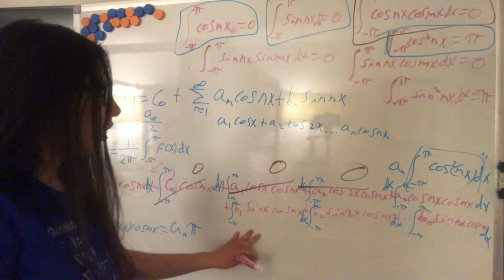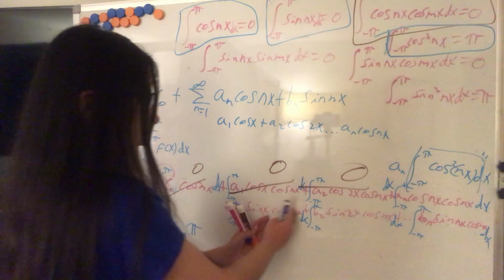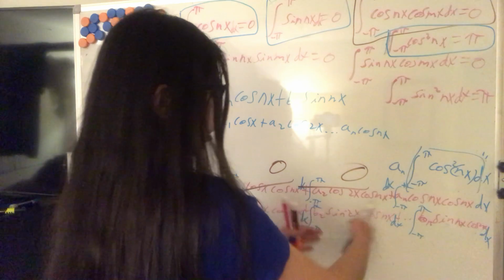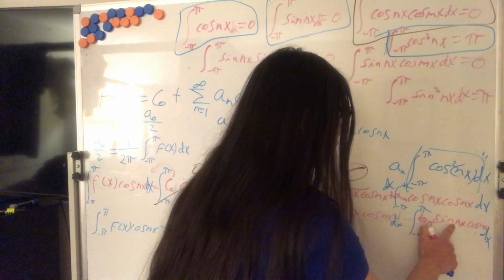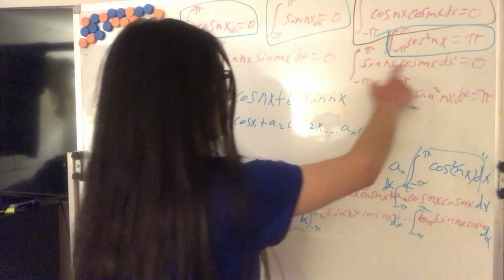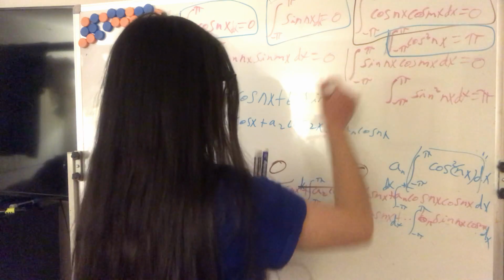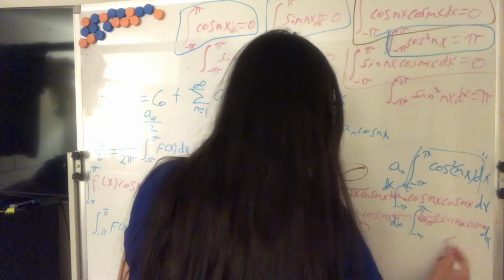Here I just have sine x cosine nx, sine 2x cosine nx, and all the way including sine nx cosine nx. This would be this term. So all these ones will go to 0, 0, 0.